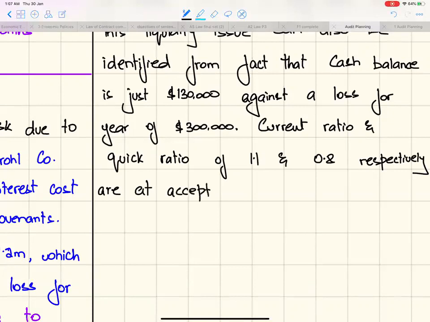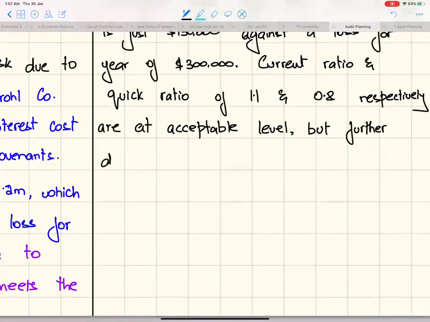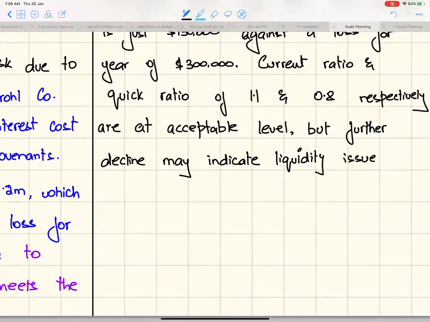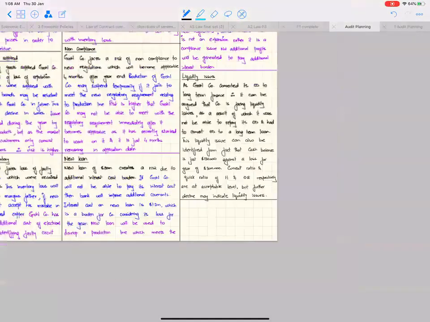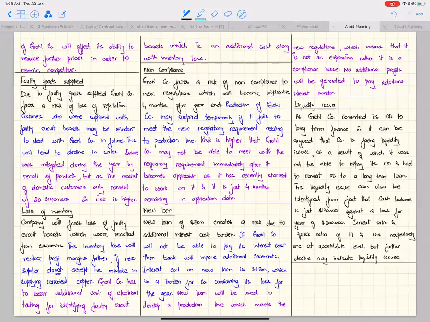Obviously 1.1 is an okay ratio, but further decline may indicate a liquidity crisis. Because if your current ratio falls below 1, then this means that you don't have sufficient current assets to pay off your current liabilities.